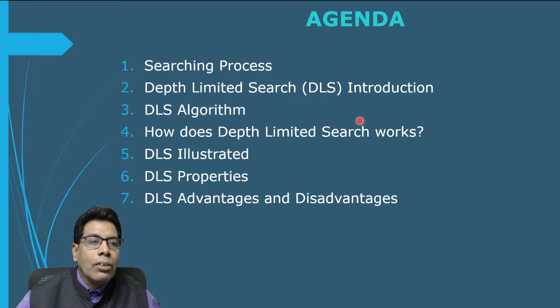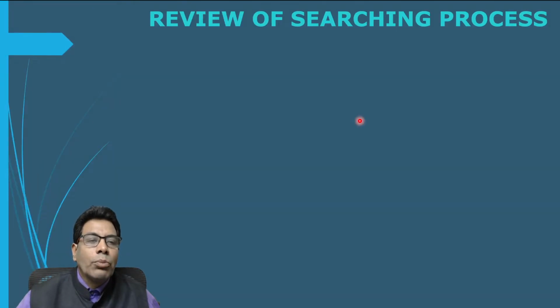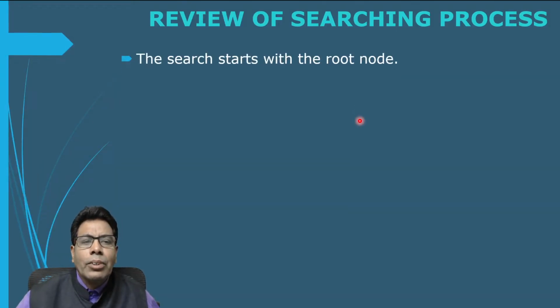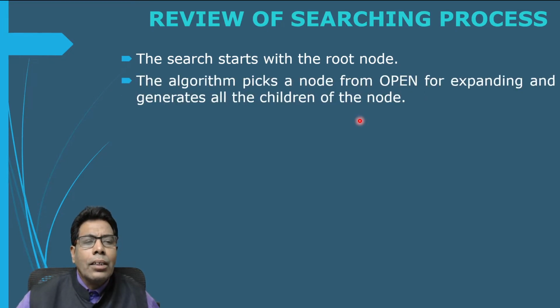Let us start with the review of the searching process. The search starts with the root node. The search will always start with the initial or root node, and the algorithm picks a node from the open list for expanding and generates all the children of the node. Whatever node is in the fringe will be expanded and its successors are generated.